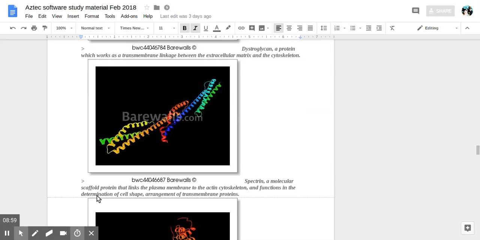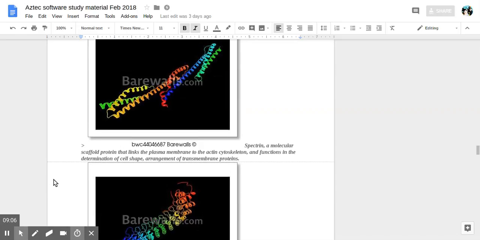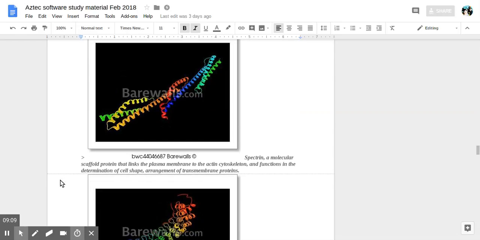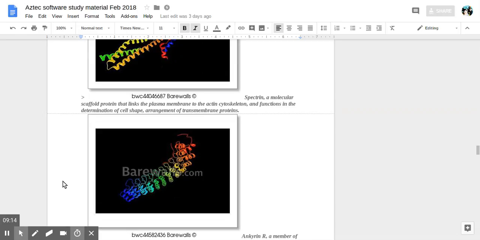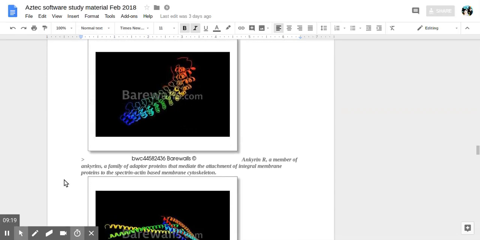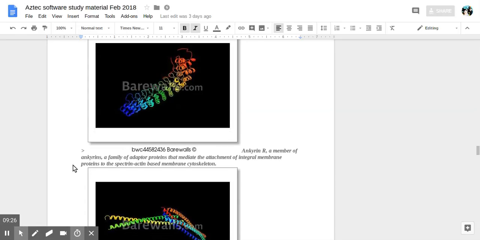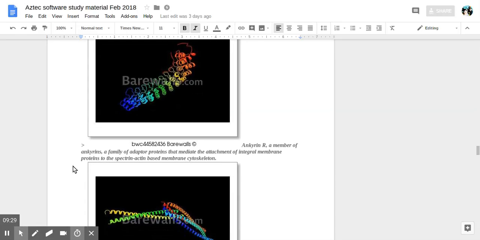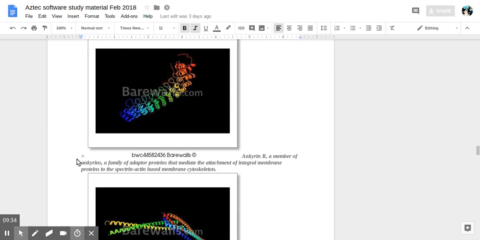Spectrin is a molecular scaffold protein linking the plasma membrane to the actin cytoskeleton. It functions in determining cell shape and arrangement of the transmembrane proteins. Transmembrane refers to whatever proteins are inside the membrane of the cell, the outer double membrane. Ankyrin R is a member of the ankyrin family of adapter proteins mediating attachment of integral membrane proteins to the spectrin-actin-based membrane cytoskeleton.